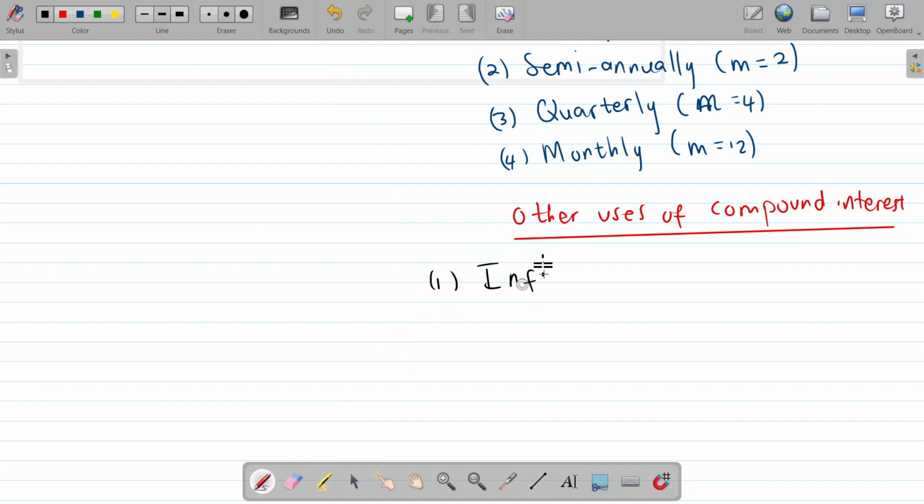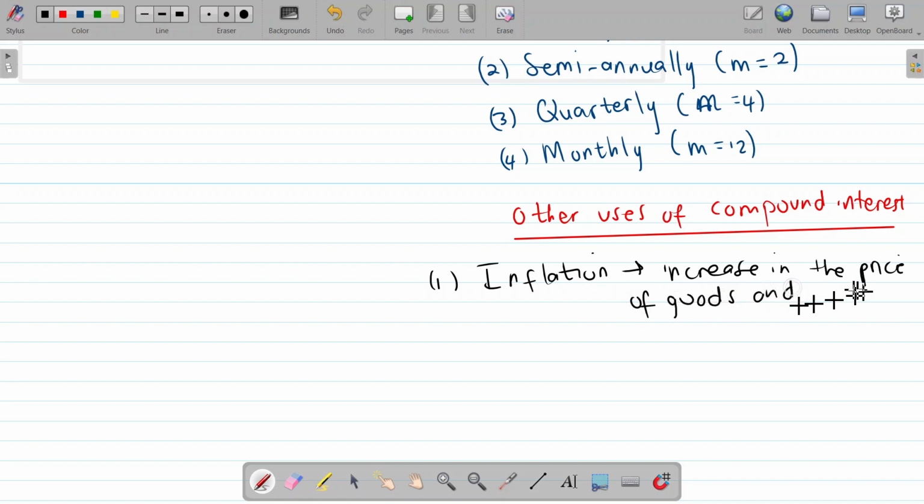It can be used for inflation. Inflation is the increase in the price of goods and services. So we use the compound interest formula as well, but without the compounding period.